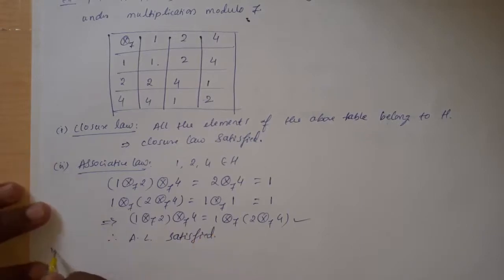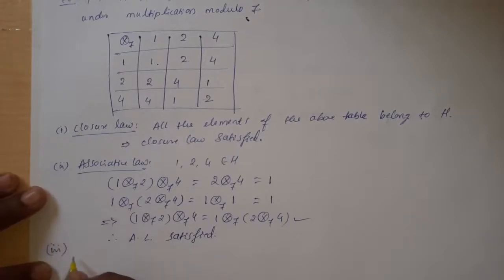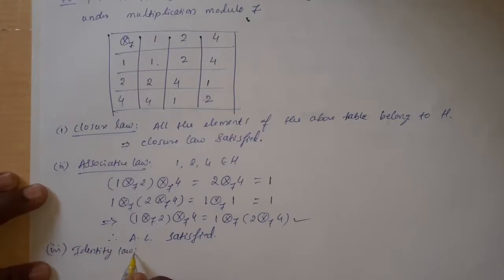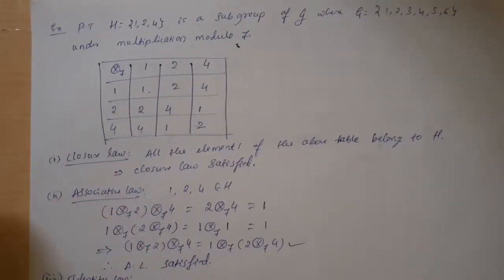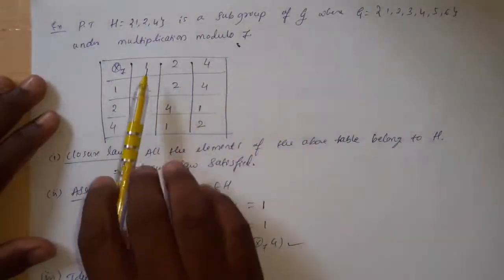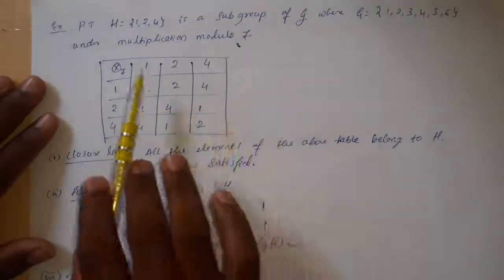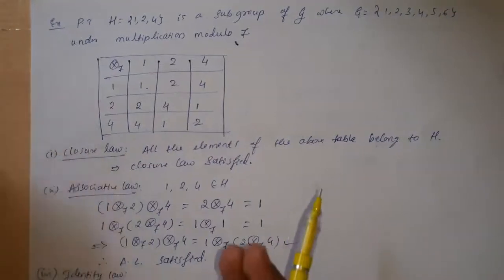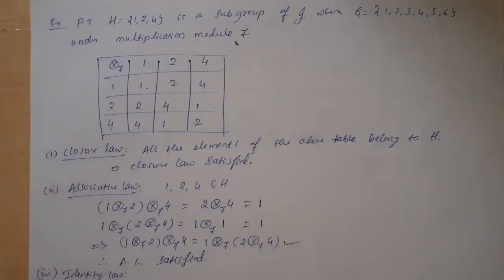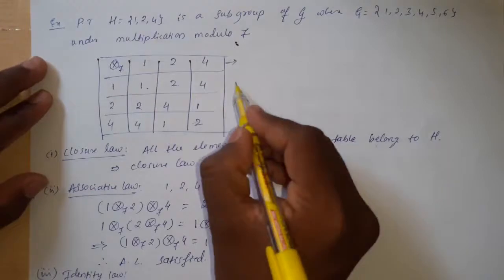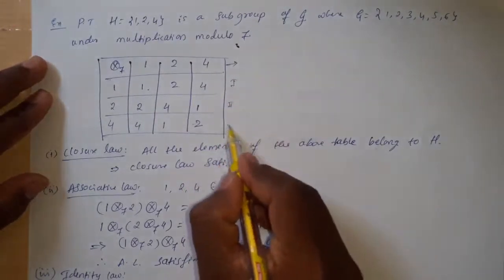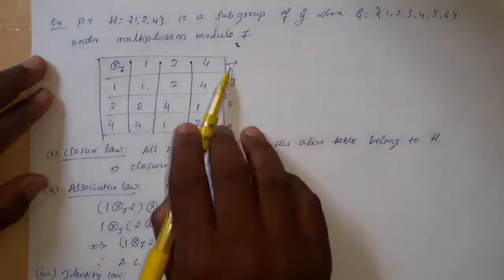Then remaining two laws, they are identity and inverse. So now identity law. So here how to find the identity element by using this table. We know already the row which is similar to the topmost row, then the corresponding element to that row will be the identity element. So here, this is the topmost row, this is the first row, second row and third row.